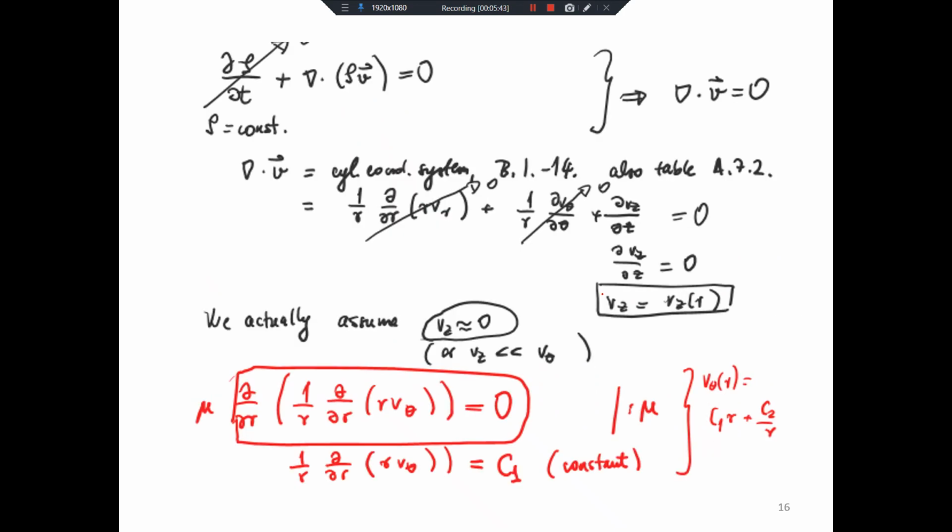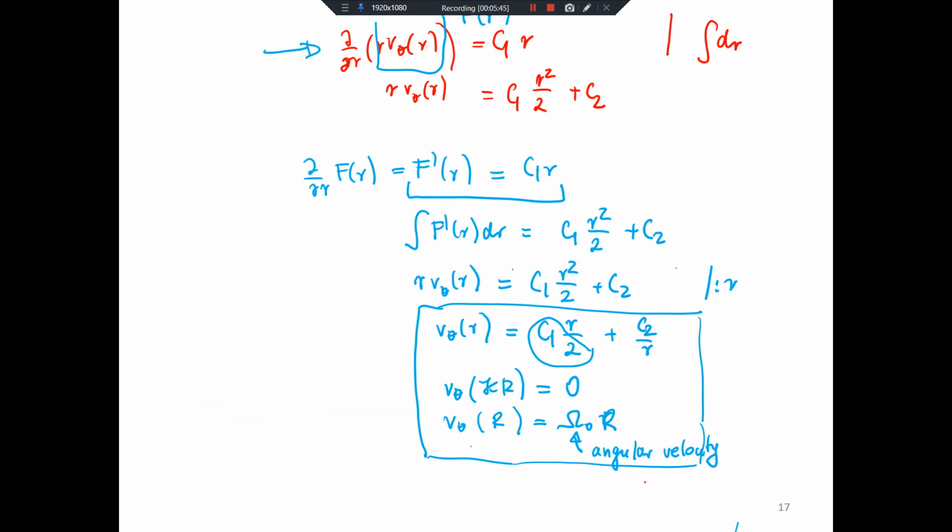Excellent. So this is what we worked with in class, and we came up with this general expression for v theta of r when I integrated things. And these are the boundary conditions. The inner cylinder is static, and the outer cylinder rotates with constant angular velocity.